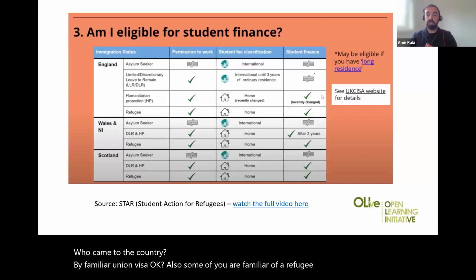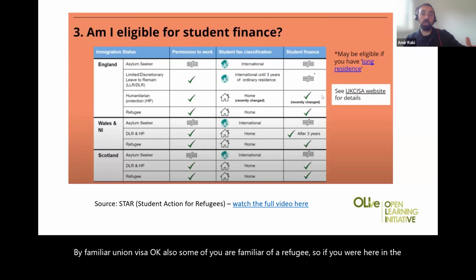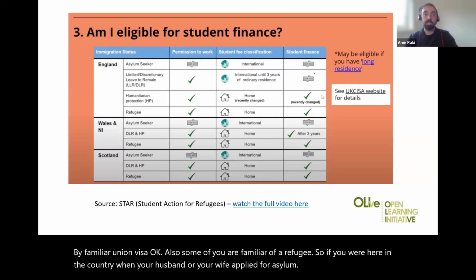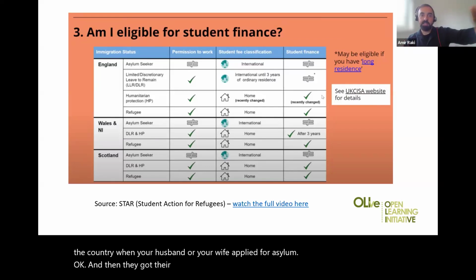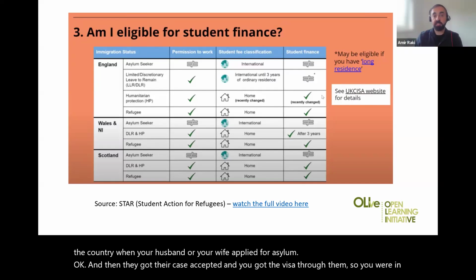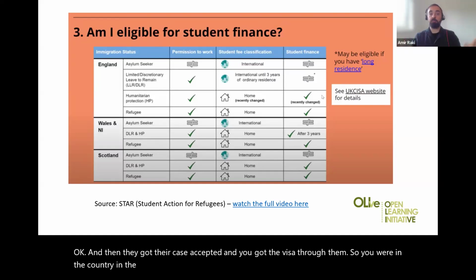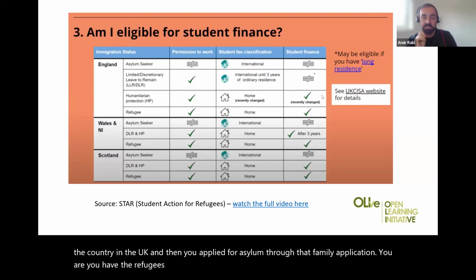So if you were here in the country when your husband or your wife applied for asylum, and then they got their case accepted and you got the visa through them, so you were in the UK, and then you applied for asylum through that family application, you have the refugee status or family of refugee status. And then you are a home student, you can apply.